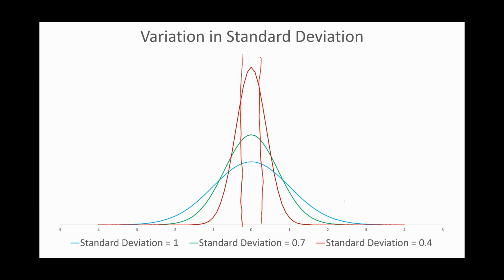Likewise, there's a lot less probability density in the red distribution than there is in the blue distribution away from the mean.